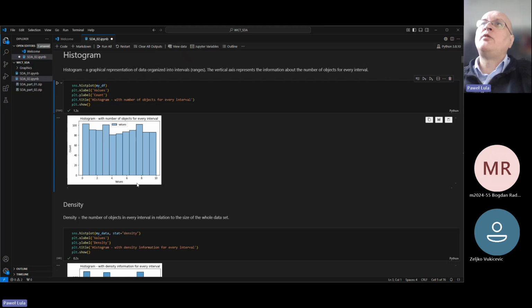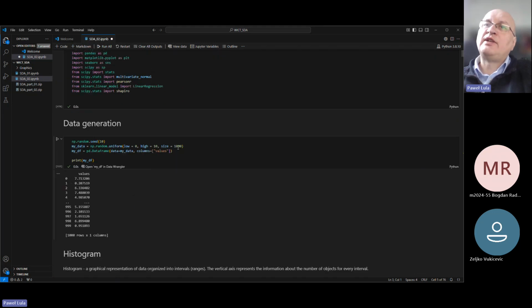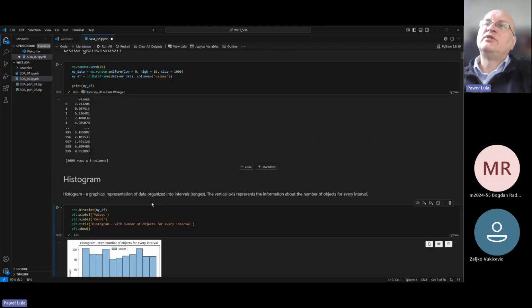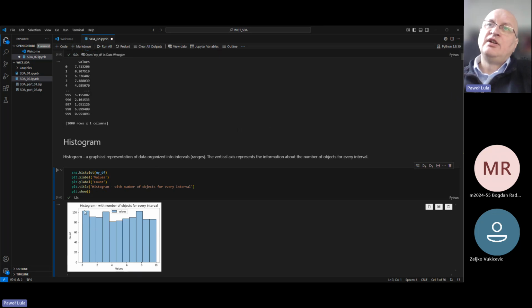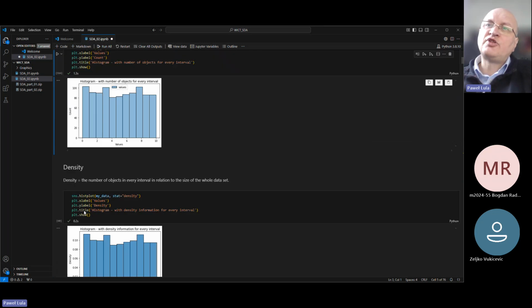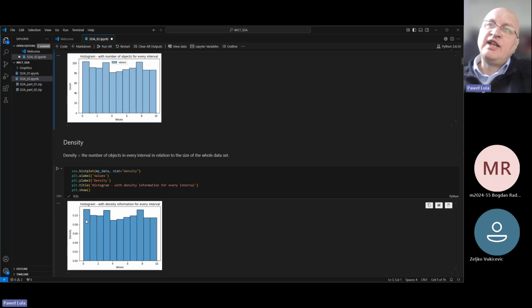So the whole number of objects in our data set is 1000, and you remember in the first interval we have above 100 objects, so we see that density for the first range is something above 100 divided by 1000, something above 0.1, maybe 0.11, something very close to this value.